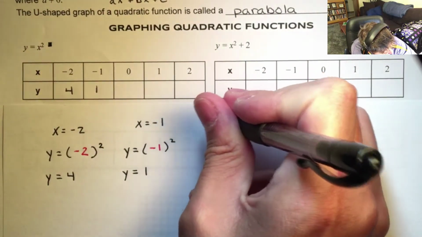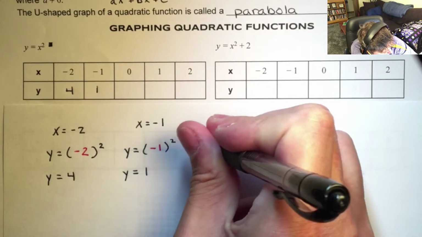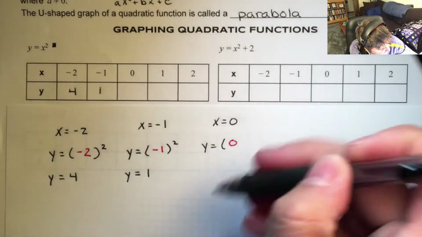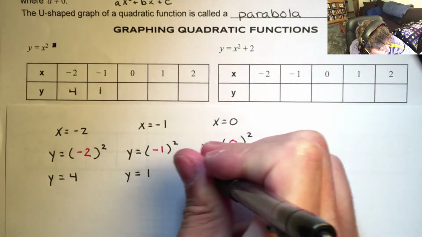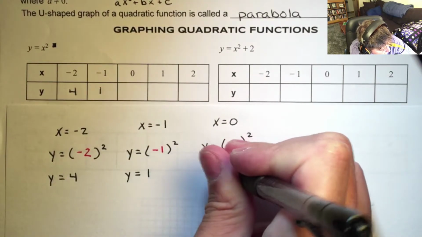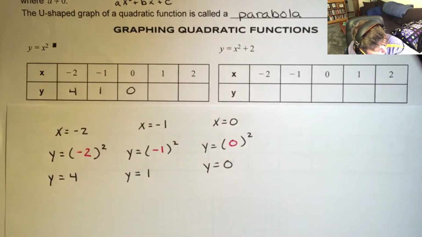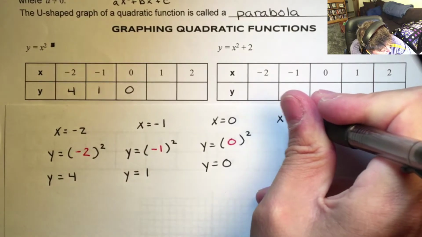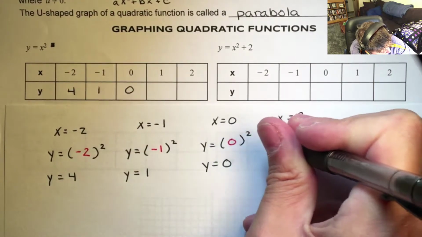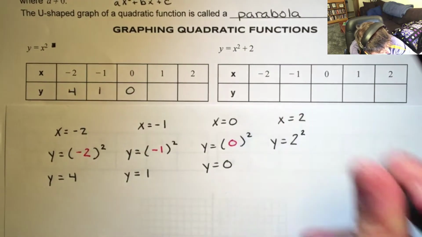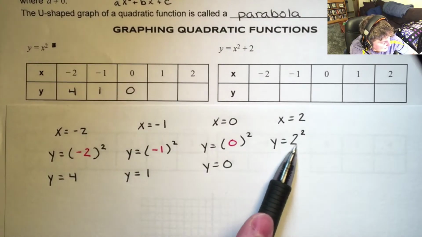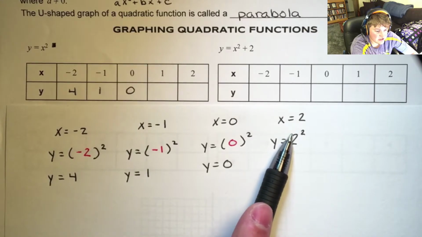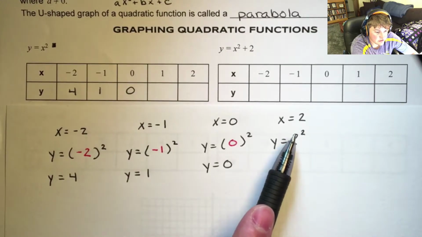What about when x is equal to 0? That means y is equal to whatever 0 squared is, and 0 squared is 0 times 0, so this is 0. Okay. And then x is equal to 2, y is equal to 2^2. I don't need parentheses around this 2 because there's no negative to really confuse me. This is just simply 2 squared, which means 2 times 2.